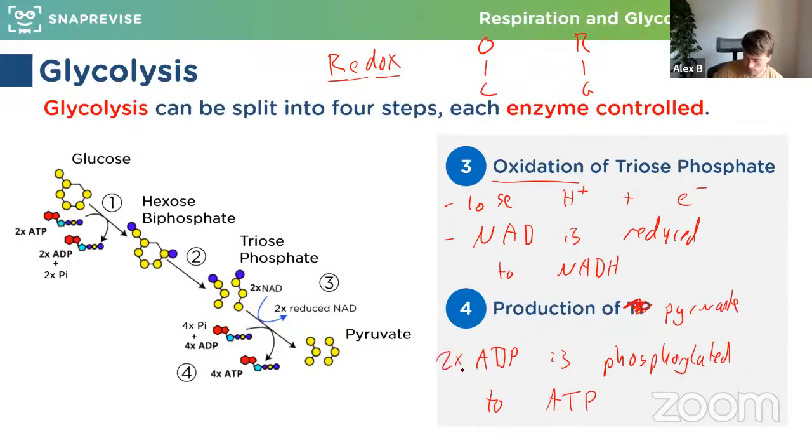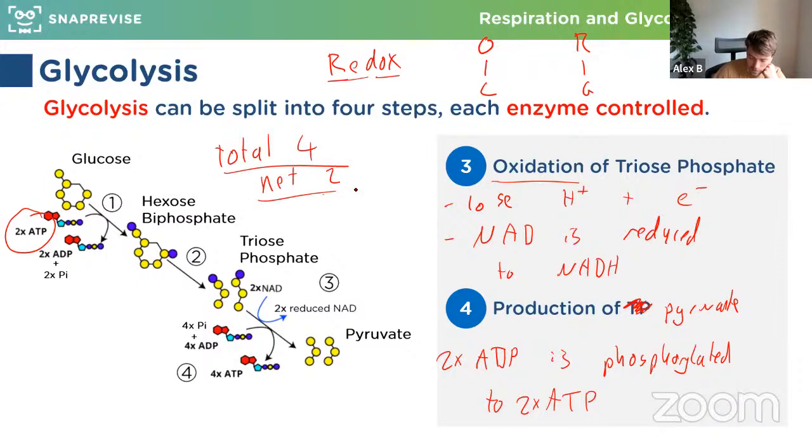So 2 times this, 2 per TP. So overall, we make 4 per molecule of glucose. So 4 ATPs are produced. However, we used up 2 in the beginning, this first step. So total 4, but net 2, we often say, because 2 were used up.